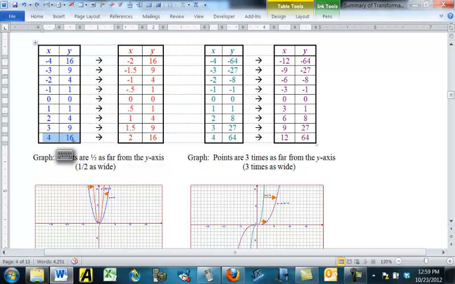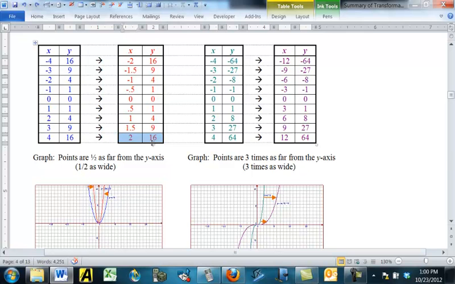This one down here was 4 away, now its image is only 2 away. So what's happening is the points are coming in closer to the y-axis. So they're not really all moving the same direction. Well, they are in the sense that they're moving toward the y-axis, but that makes some of them go left and some go right. So it's however far away it was from the y-axis, it's only half that far now.